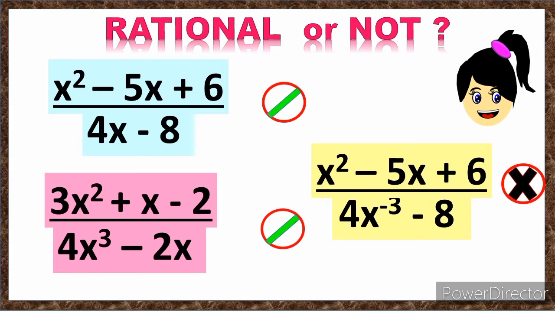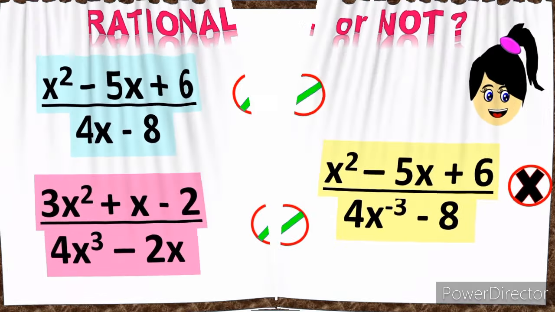Why? Because if you're going to observe the first polynomial, which is nasa numerator, is a polynomial, while the denominator, we have the negative exponent negative 3. So, therefore, this is not rational algebraic expression because the polynomial in the denominator has negative exponent.